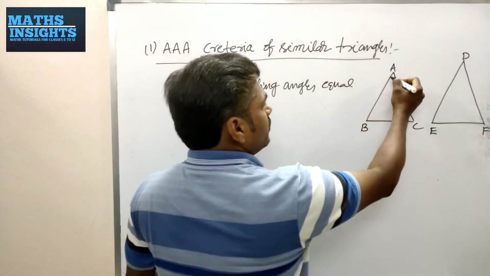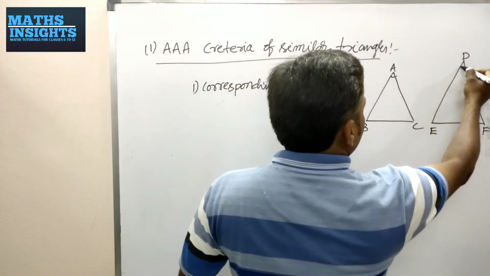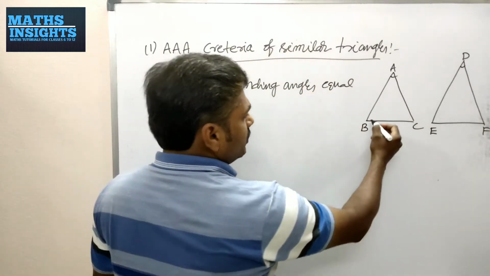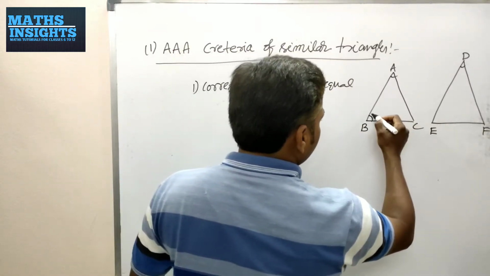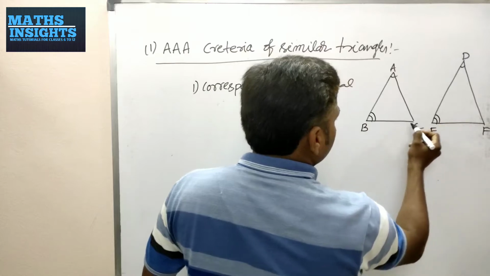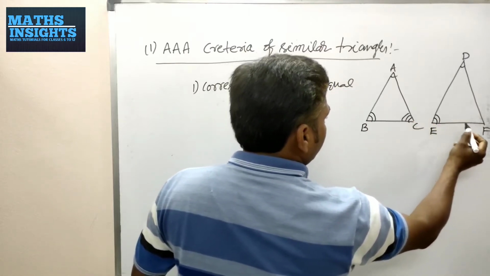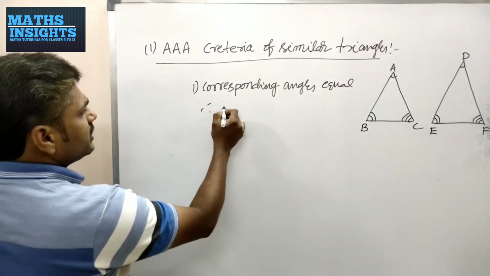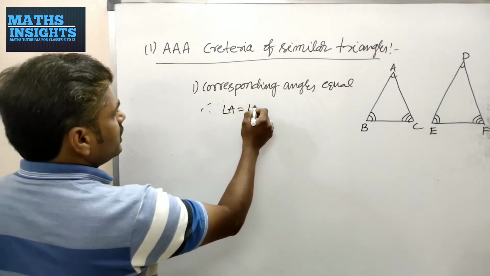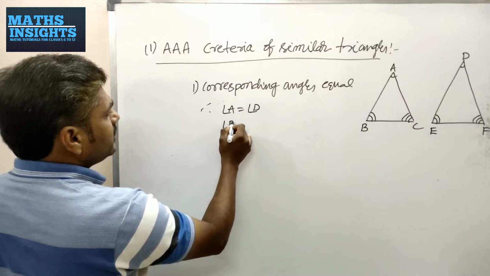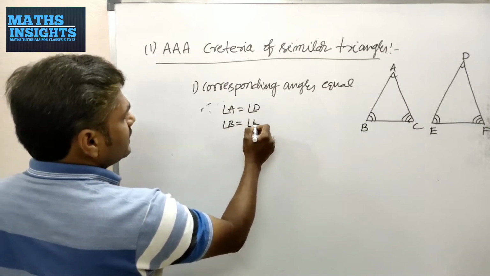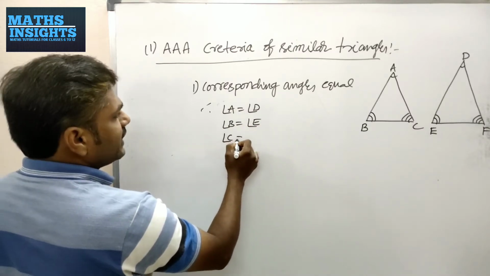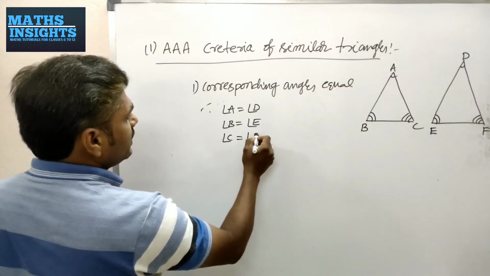That means for angle A, the corresponding angle will be D, for angle B it will be E, and finally for angle C it will be angle F. That means angle A equals angle D, angle B equals angle E, and finally angle C equals angle F.